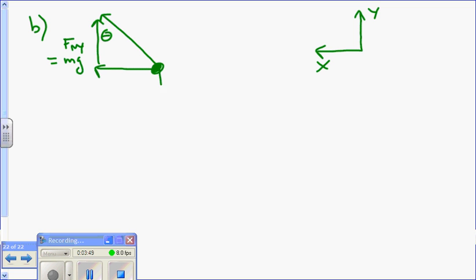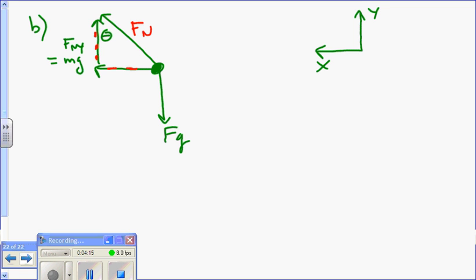So here's my free body diagram. Remembering that these are not forces in and of themselves. These are components of my normal force. This is Fn. So the only 2 forces acting are normal force and gravity.